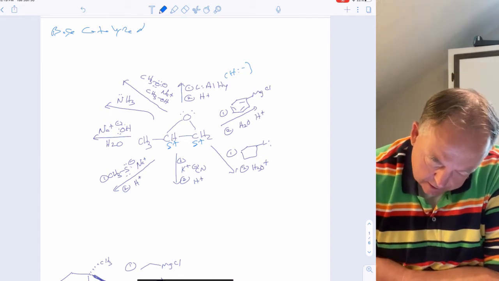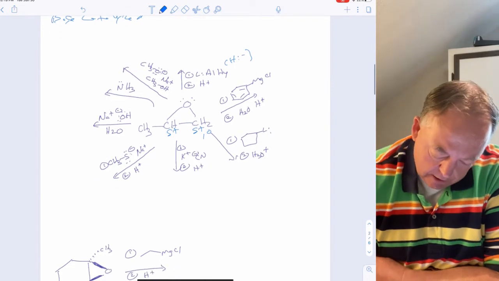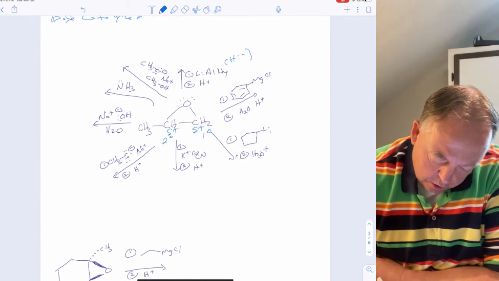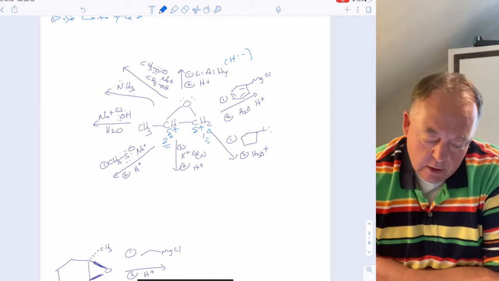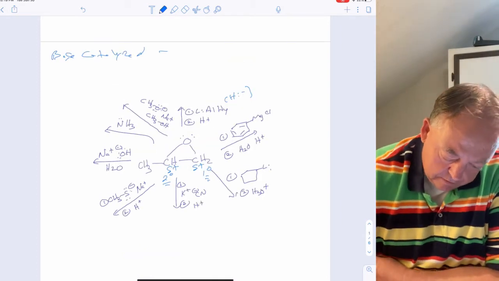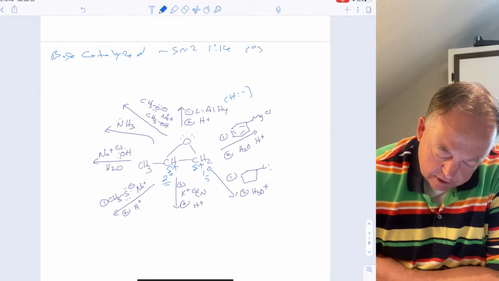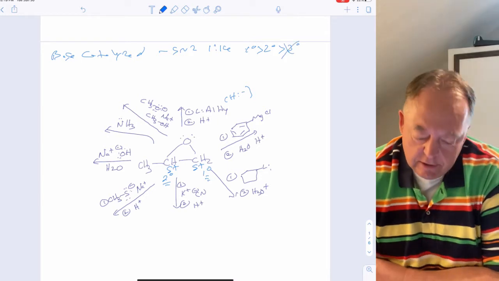The carbon on the right only has one carbon attached to it, so it's primary. The one on the left has two carbons attached to it, so it's secondary. Since it's SN2-like, primary is going to react faster than secondary, which is going to react much faster than tertiary.